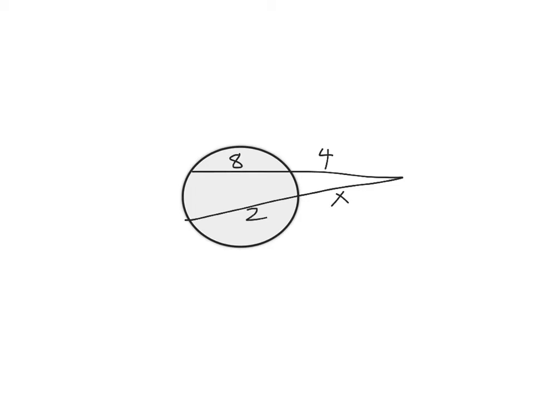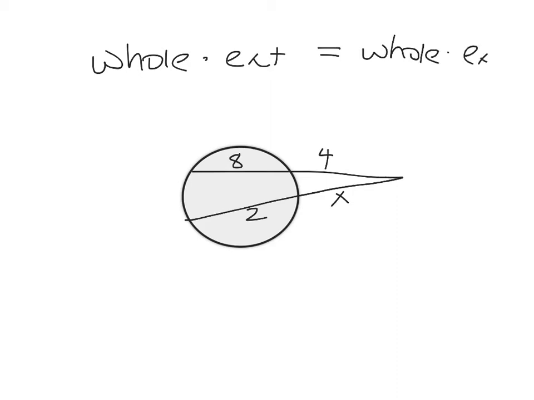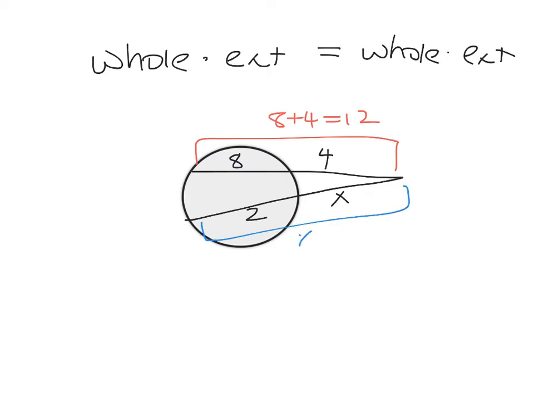So remember, we're going to be doing whole times external equals whole times external. Okay, so for this one, the whole is going to be 8 plus 4, which gives me 12. And for this one, it's going to be x plus 2.